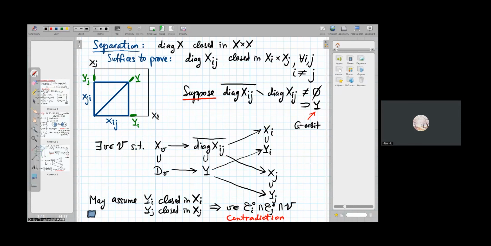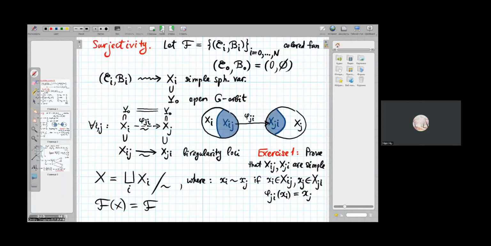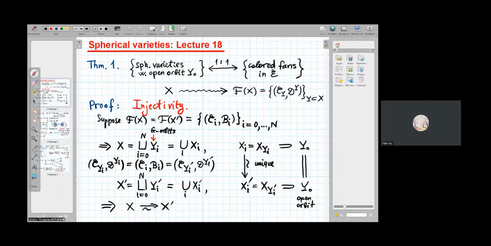Sorry, I have a question. Yes. If two colored fans differ from each other by some linear transformation, maybe an action of some GL_n, do they correspond to two different varieties? Yes, because formally speaking, we are classifying not just varieties, we are classifying embeddings of the open orbit Y_0 into some variety.